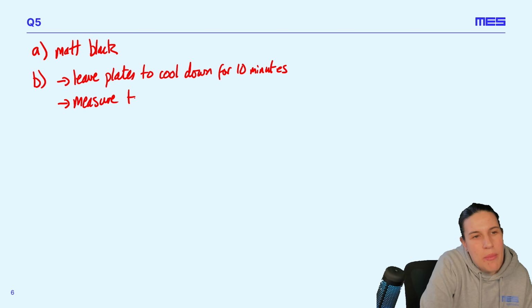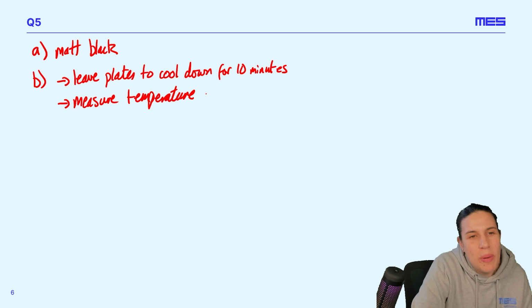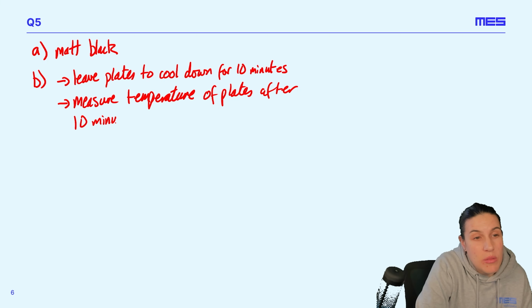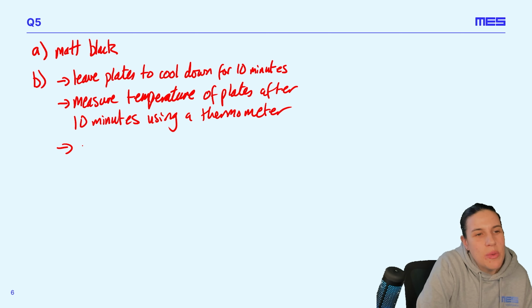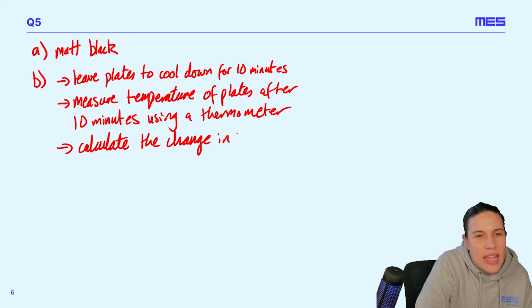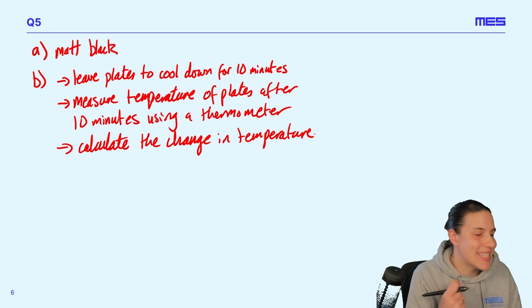Measure the temperature of the plates after 10 minutes. We can use a thermometer for this, and then we would need to calculate the change in temperature, assuming that we know what the starting temperature is.